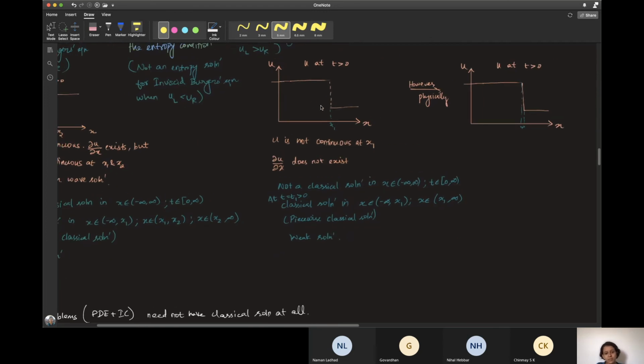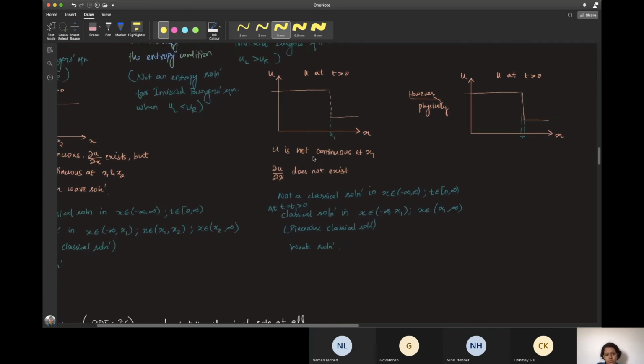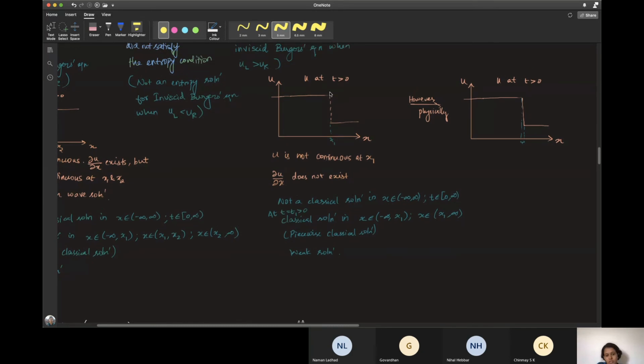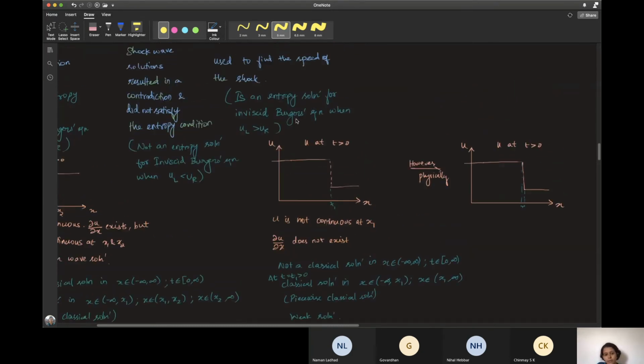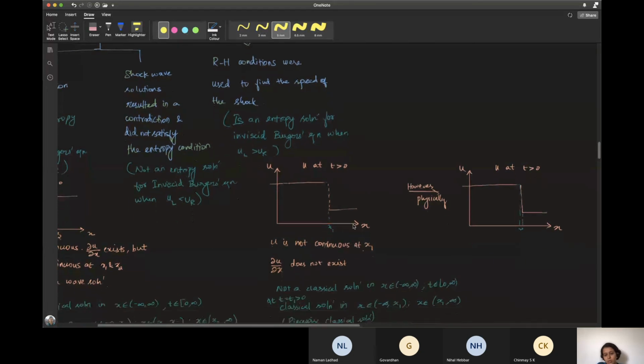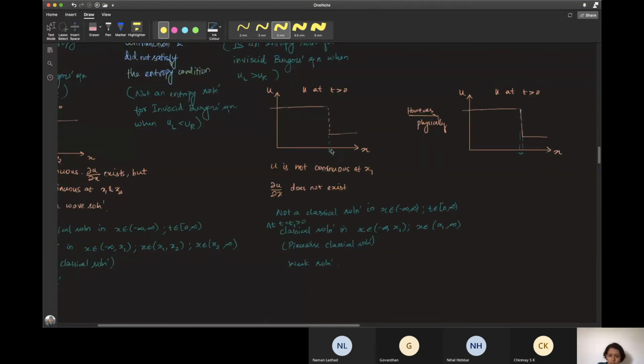Similarly, you can split your shock wave solution in the same manner. You fix some time because this x1 will keep changing, because your shock is moving over time. So you fix some t1 and then you split the domain based on x1.